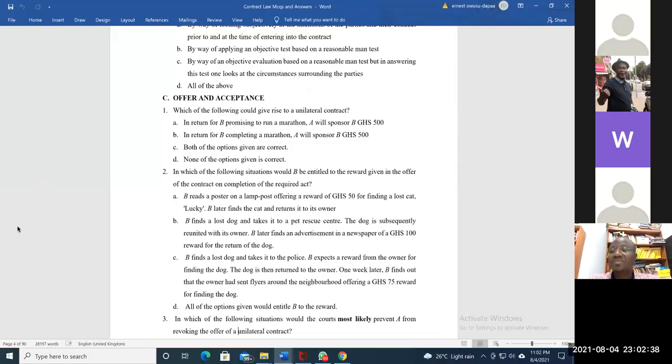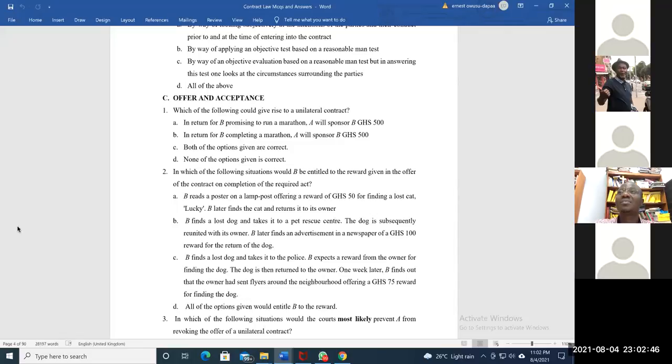Unilateral contract is a contract with the whole world. Acceptance is by performance, and bilateral contract is between two or more people where there's an offer and the other person accepts. Okay, all right, that's fine.